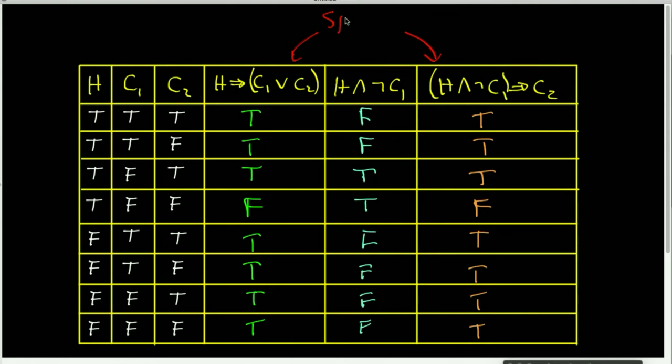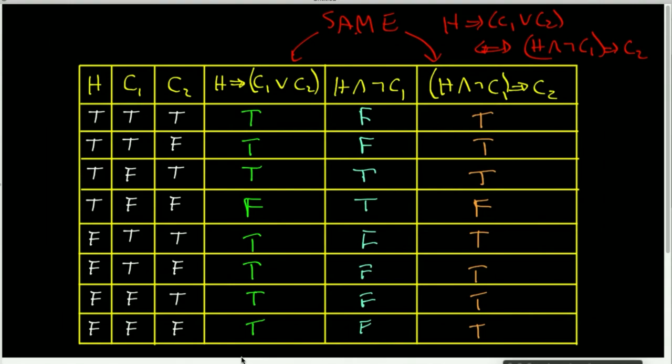They are exactly the same, and because they are exactly the same, we can conclude that H implies C1 or C2 is indeed logically equivalent to H and not C1 implies C2. Now that's the logic for why this technique works.